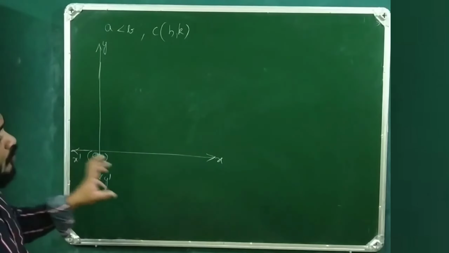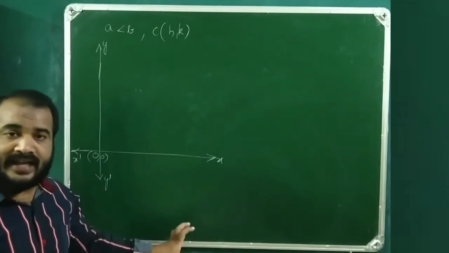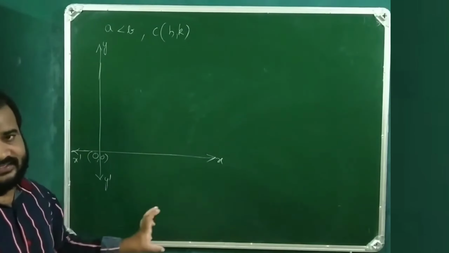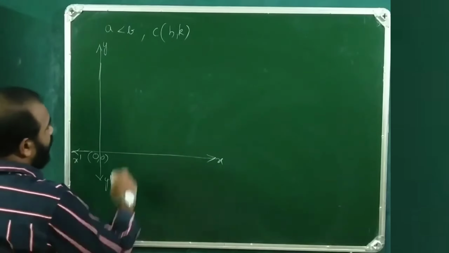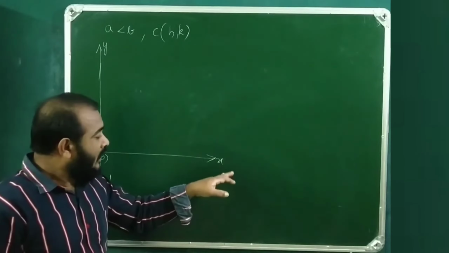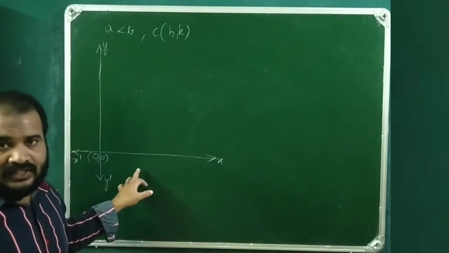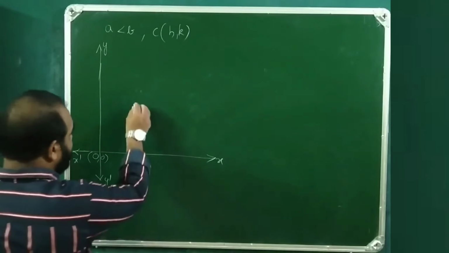Now without changing the actual direction of the coordinate axis, capital X dash is parallel to small x dash, so that is this.